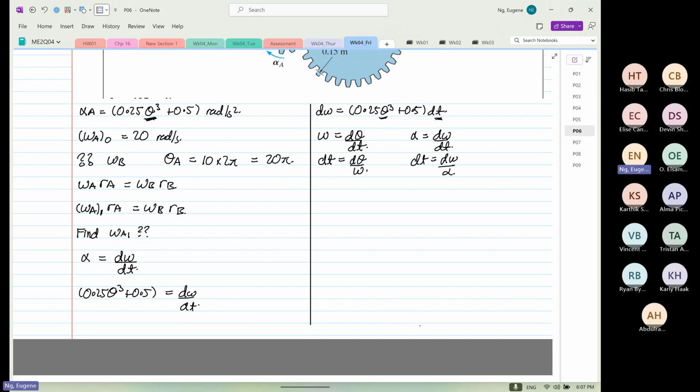I start to rearrange this. I don't know if I'm right or wrong, but I'll go for d theta over omega equal to d omega over alpha. So I have alpha d theta equal to omega d omega.